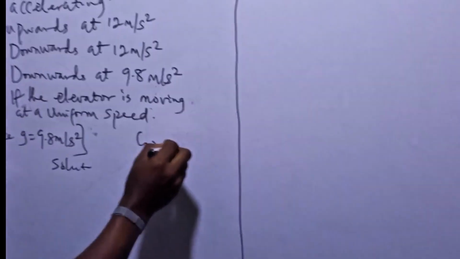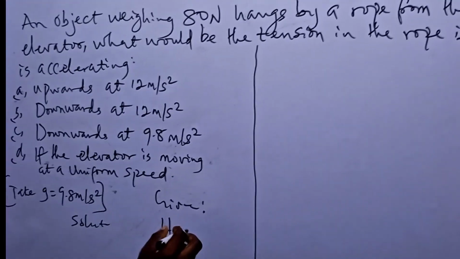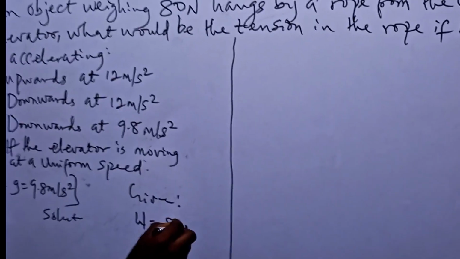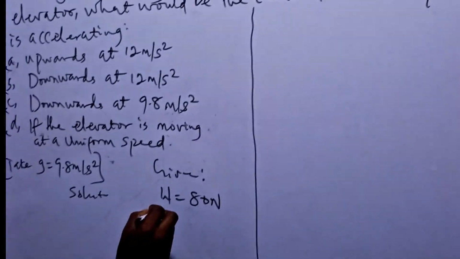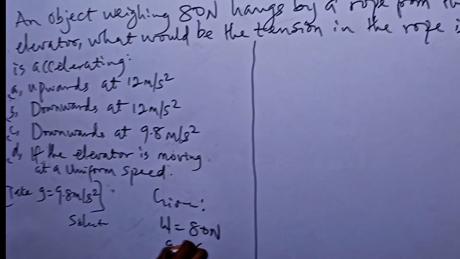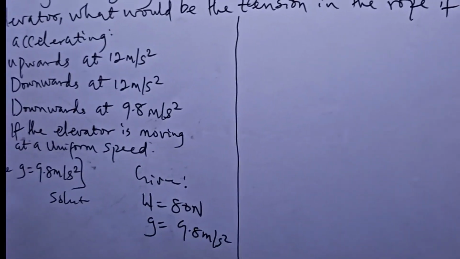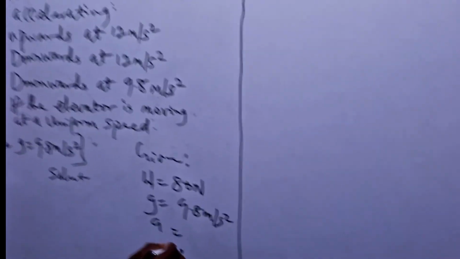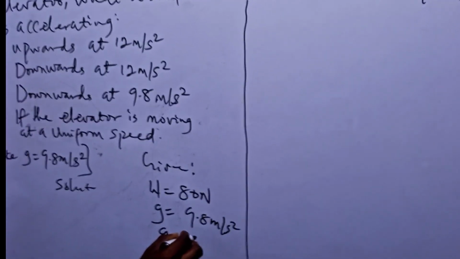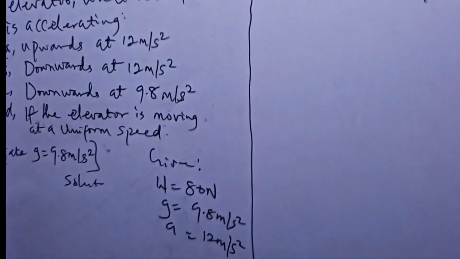Given: we have weight to be 80 Newton, acceleration due to gravity to be 9.8 meter per second square, and acceleration to be 12 meter per second square.